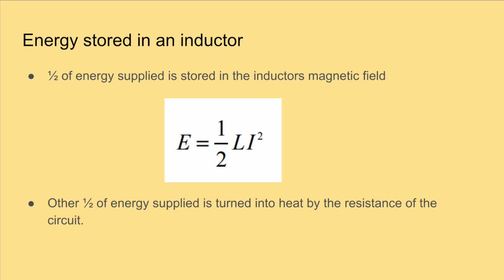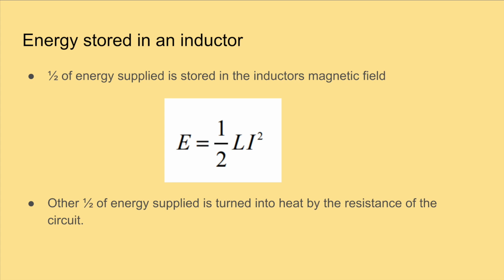So in this case, our energy supplied by our power pack or battery is going to be equal to the energy used by the circuit components. Now in this case, half the energy is actually stored in the inductor's magnetic field, and the other half of the energy is turned into heat by the resistance of the circuit. The energy in the inductor can be calculated using E equals a half L for inductance times I squared.